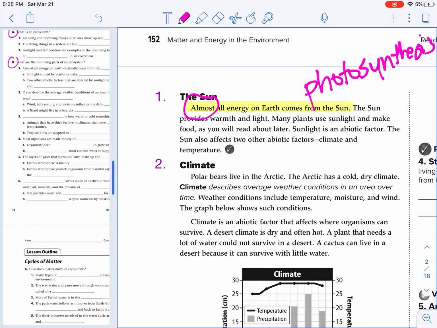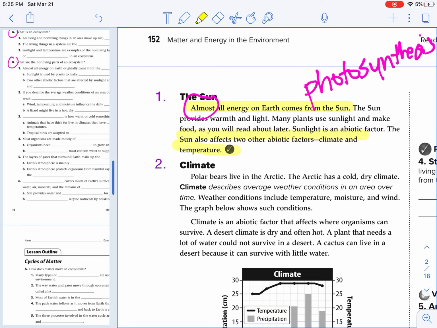Okay, so sunlight is an abiotic factor. The sun also affects two other abiotic factors, the climate and the temperature. So we're going to highlight that. That's important. The sun affects two other abiotic factors, climate and temperature.